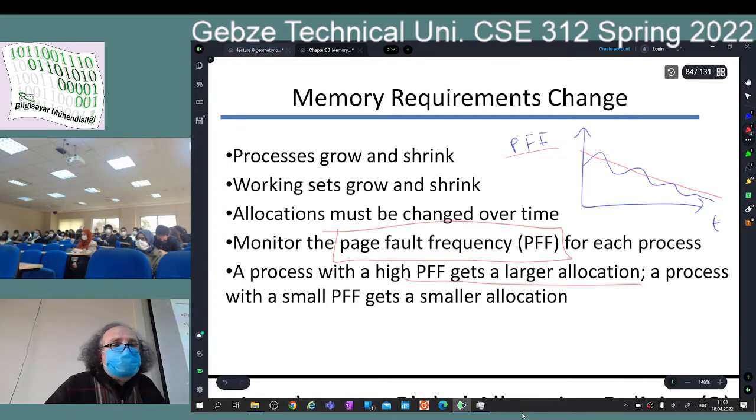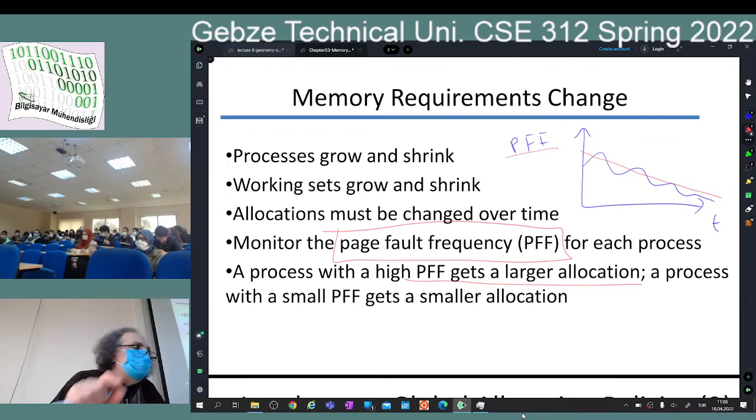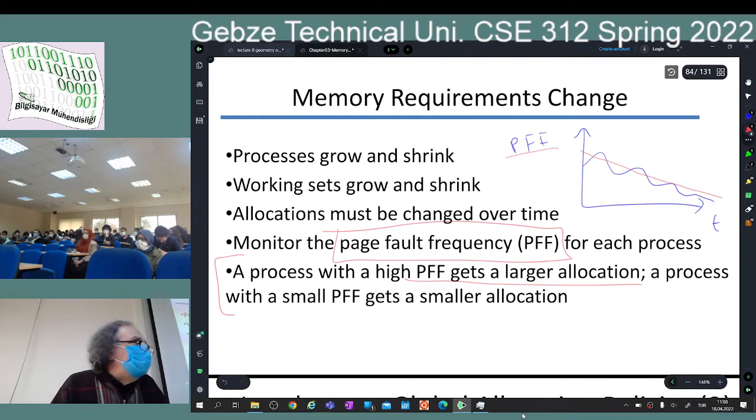And if I see a process with a small PFF, that is running but not causing any page faults, then maybe I should deallocate some of the pages that it is using. Maybe I should make its working set size a little bit smaller. So these kinds of decisions are done dynamically by the operating system, with the help of the idea of paging.